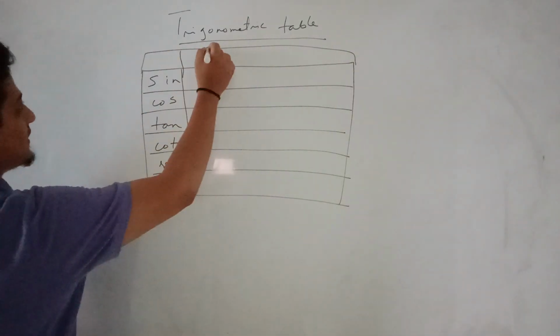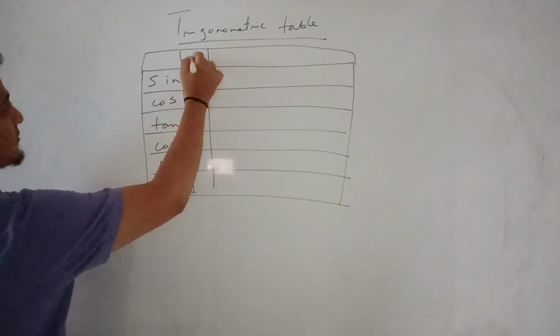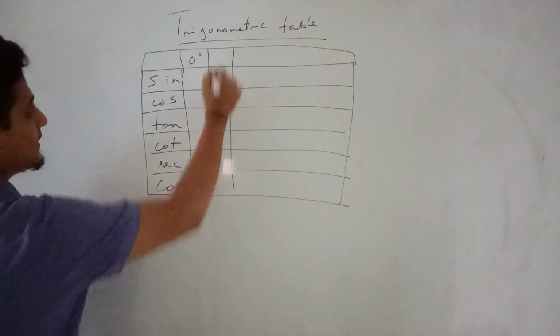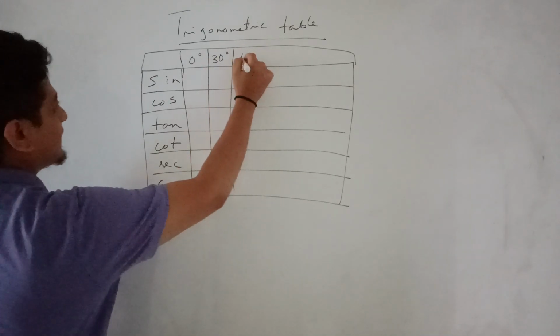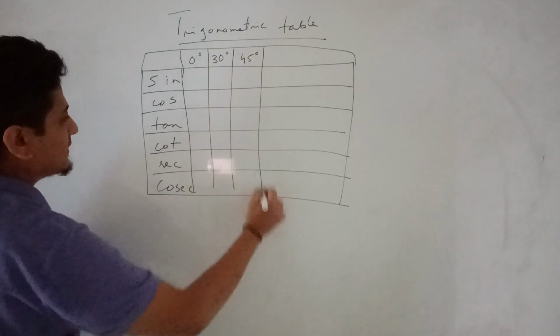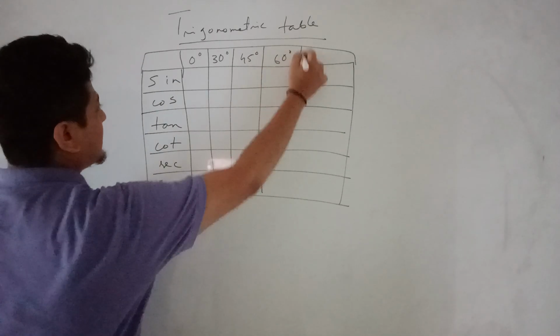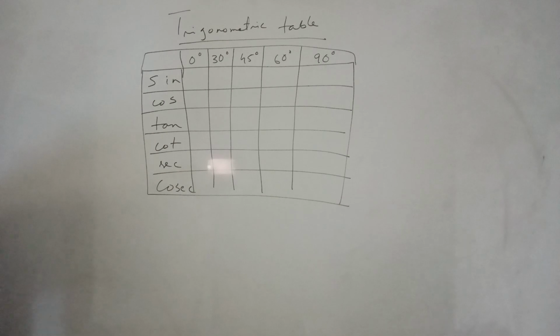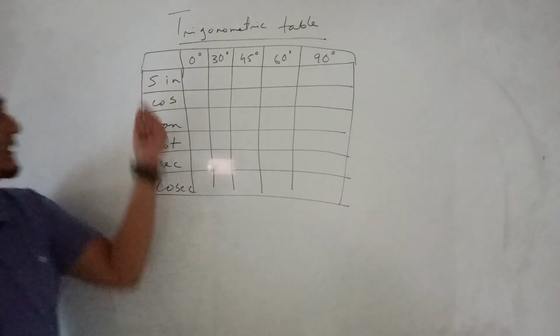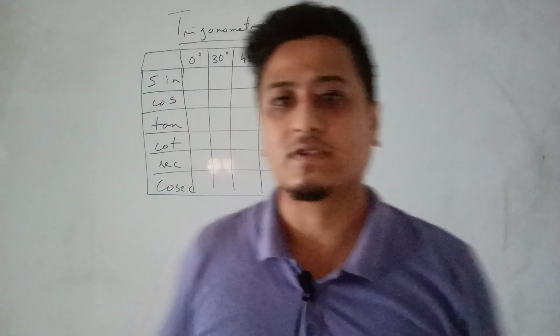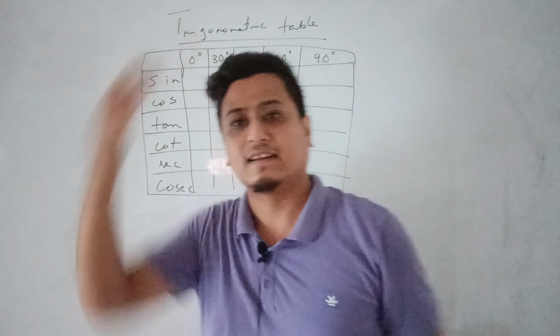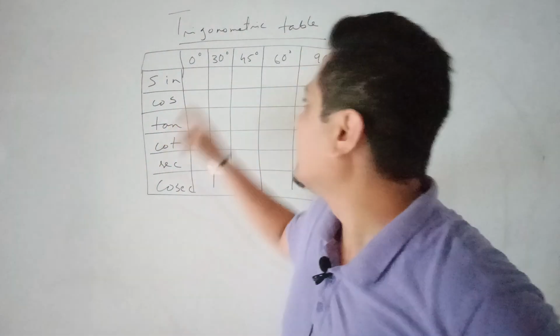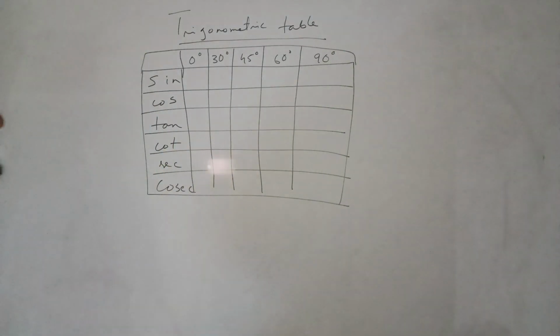What are the universal values? Values of 0 degree, 30 degree, 45 degree, 60 degree and 90 degree. There will be some universal values. That means suppose in the question it is given as sine 0 degree or sine 30 degree, we have an available value from this table. Okay, we'll see what kind of values these are.